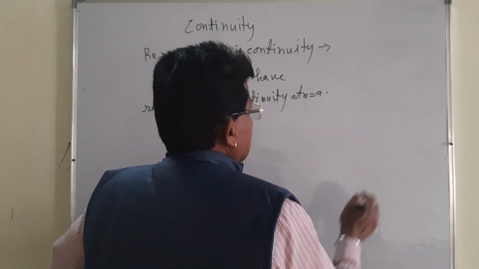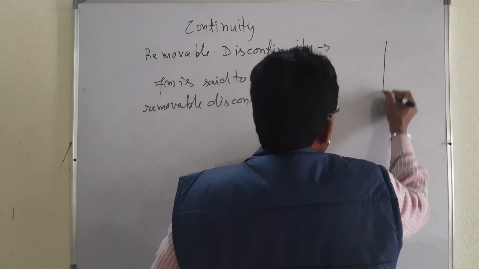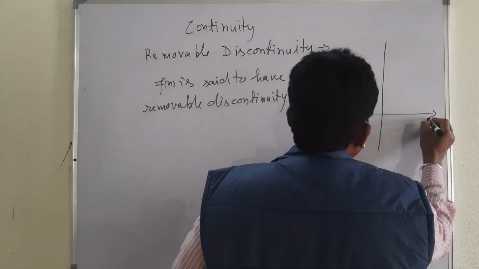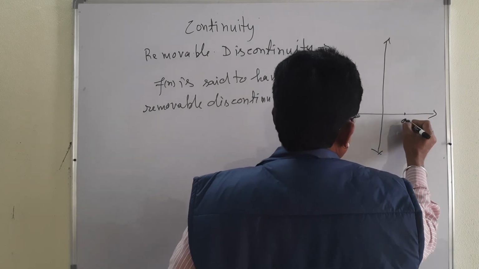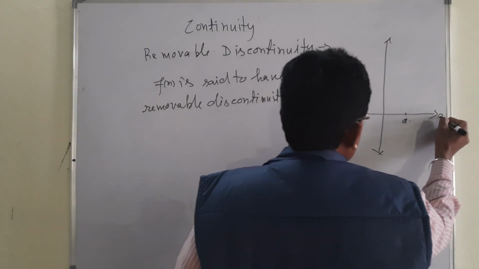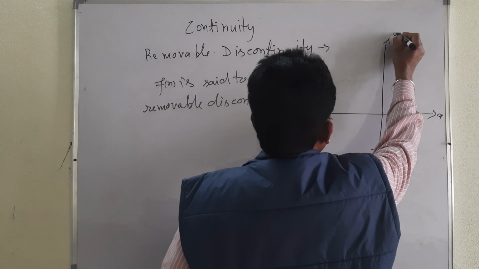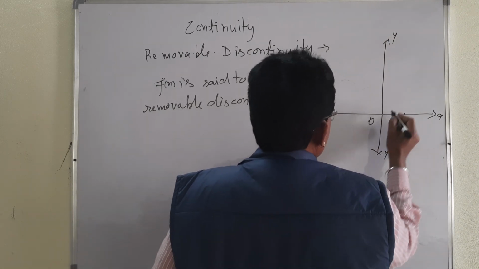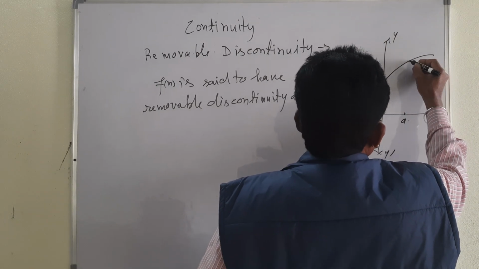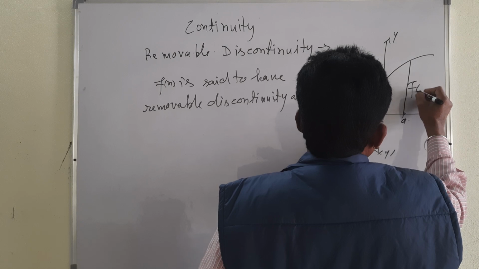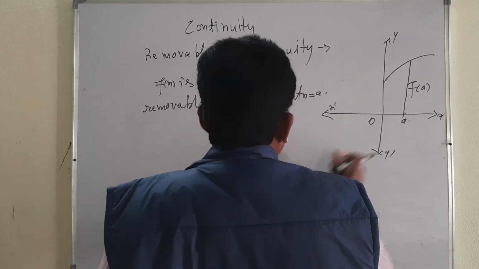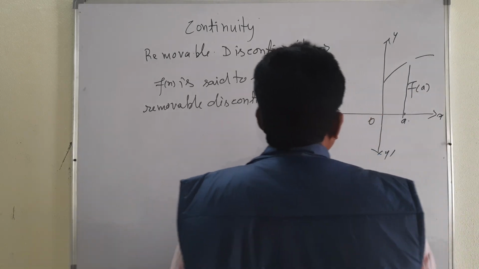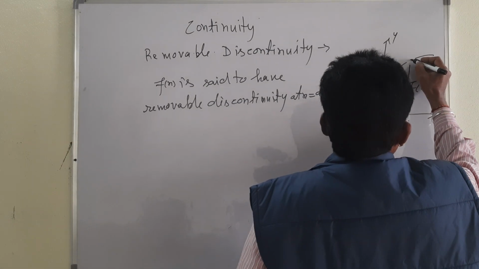Dear student, I am just going to draw a small graph so that you will understand. I have discussed the point a. This is the x-axis, x dash, y and y dash. Let me take this graph, and this is f(a). I want to write the condition.